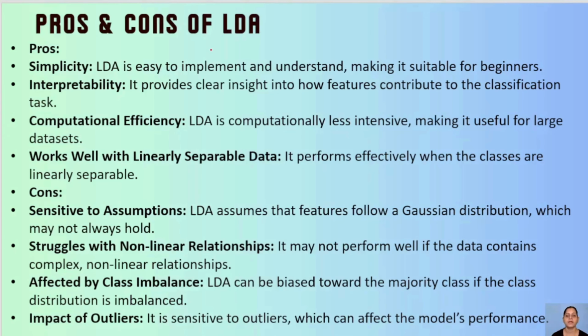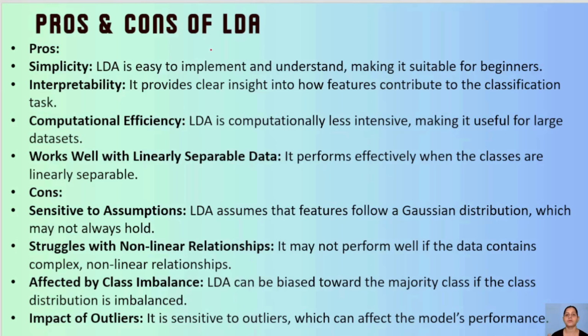So that's how it maintains simplicity. Then it provides the way it's classifying the features. Then it has better computational efficiency. It is less intensive, very useful in case of large data sets as well, and works well with linearly separable data. Most of the data sets we work with are linearly separable only.